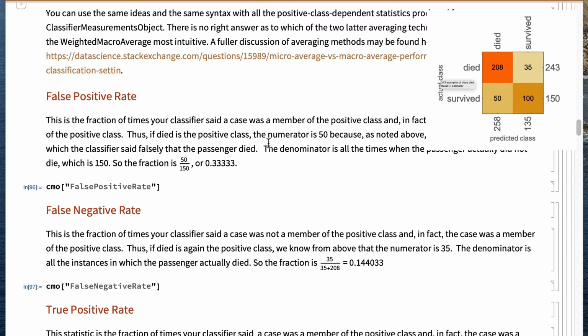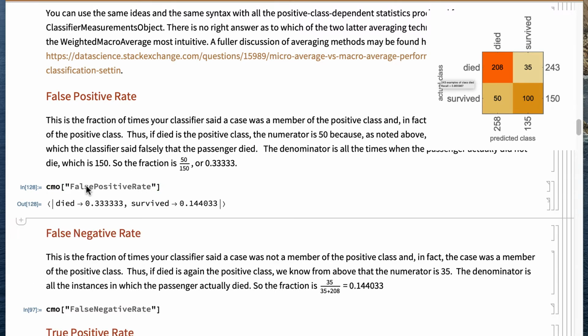And so if died is the positive class, the numerator is 50, because there are 50 instances in which the classifier falsely said that the passenger died, and the denominator is all the times when the passenger did not die. That's 150. So the fraction is 50 over 150, which is 0.333. Or if you find this hard to do, you can just say, hey, classifier measurements object, would you please tell me the false positive rate?